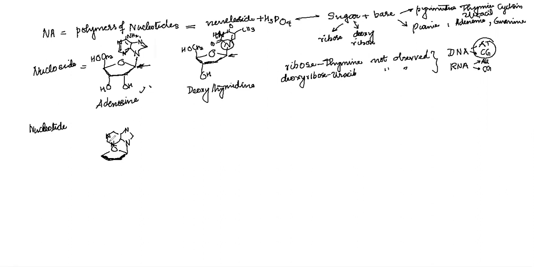Let us complete that structure. 1, 2, 3, and NH2. Lot of nitrogens. See that? Okay. And then we have the OH here and CH2OH here.